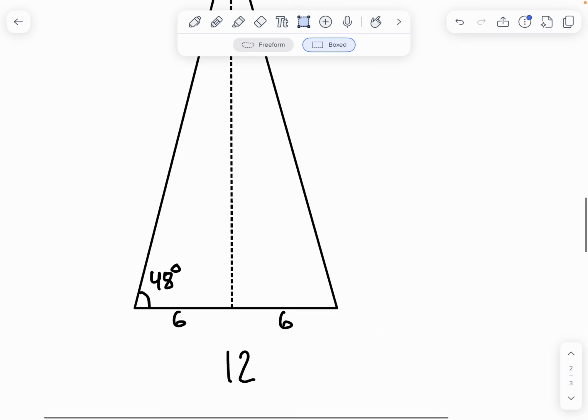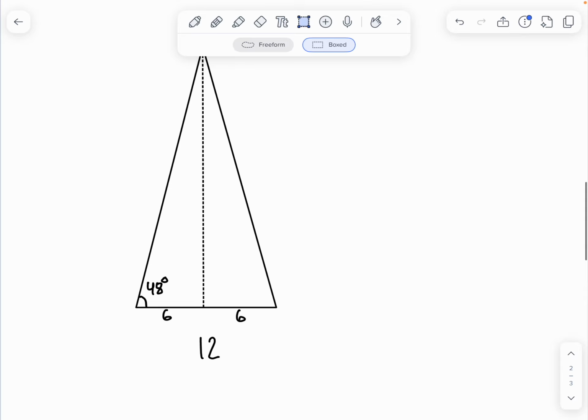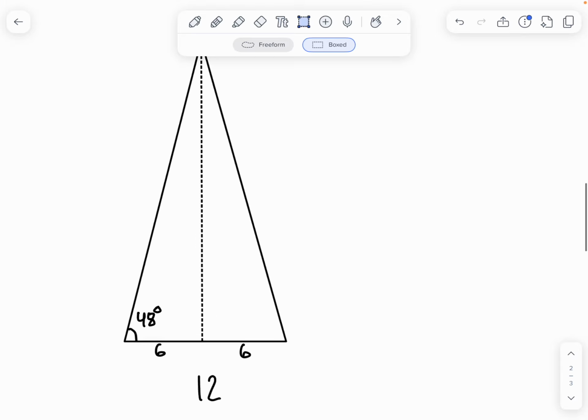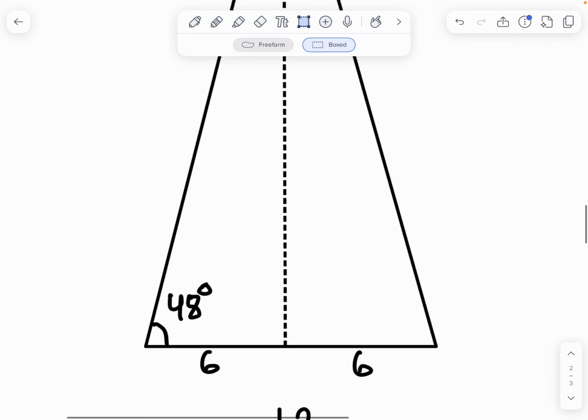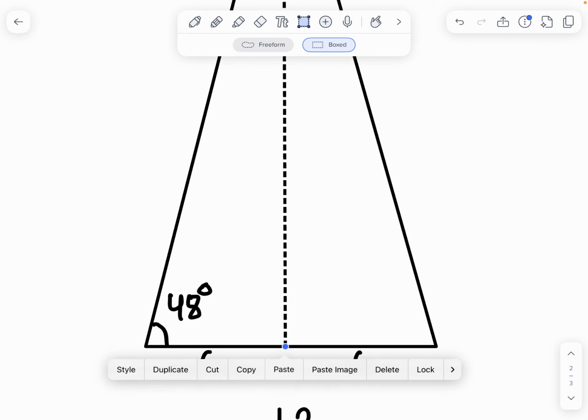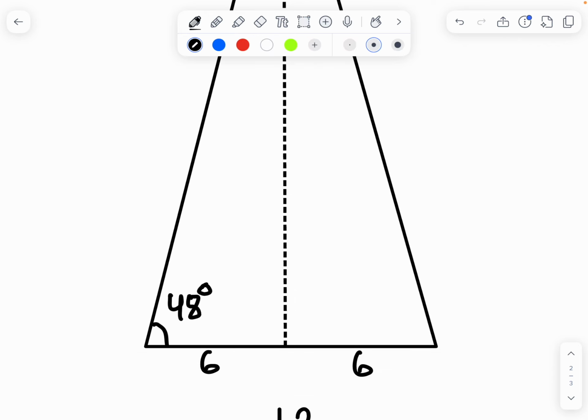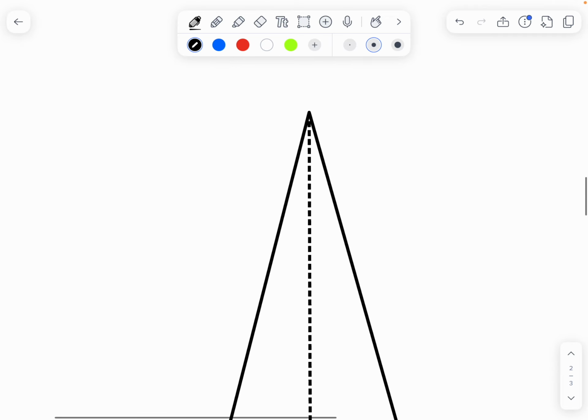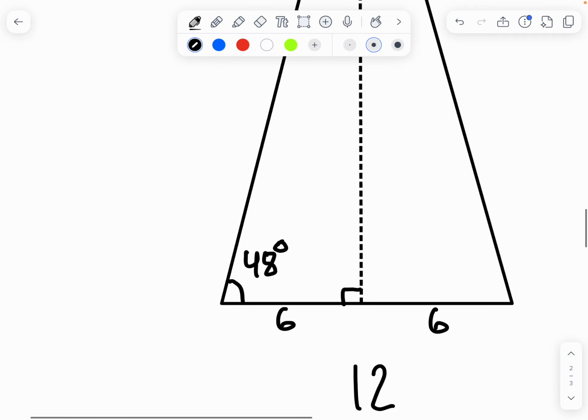Oh, and I forgot to mention that this is an isosceles triangle. So because we have that and this, so 90 plus 48, and then 180 minus 138.